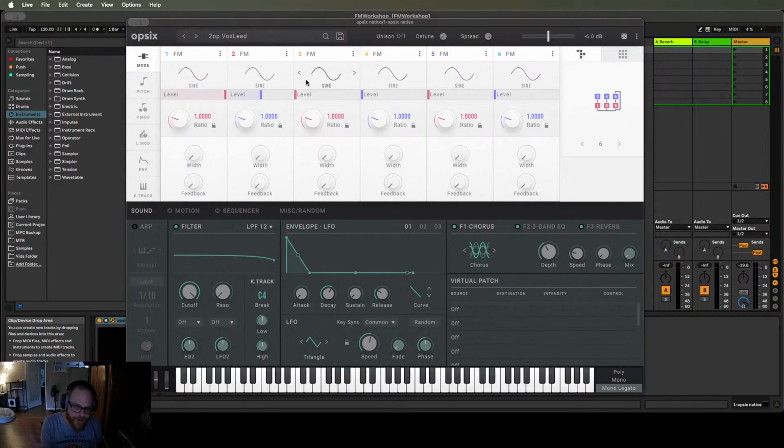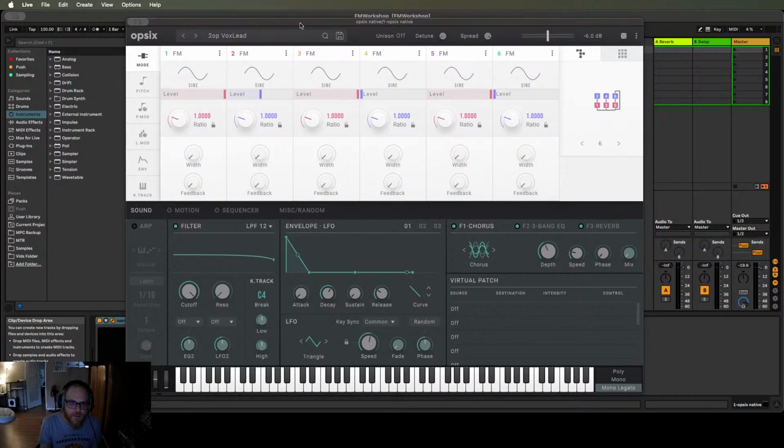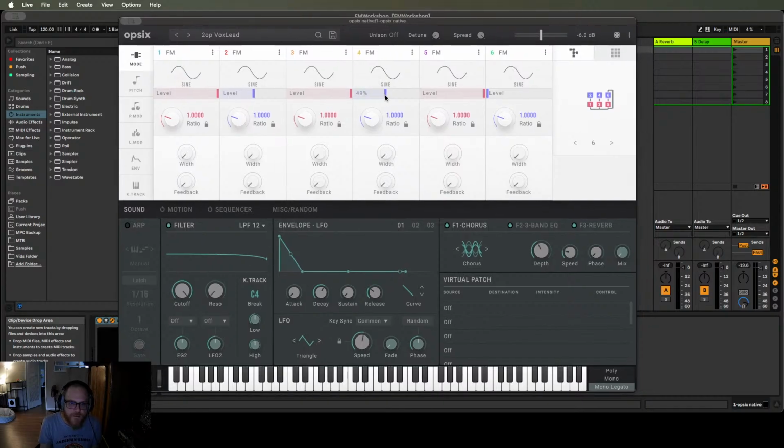All you're doing is adding additional oscillators, which are operator pairs. So let's just go ahead and turn up all 3 of these and start. Here's a fun thing on this synth: you can just paste the settings, so it's a little faster, so I don't have to manually reset them all.